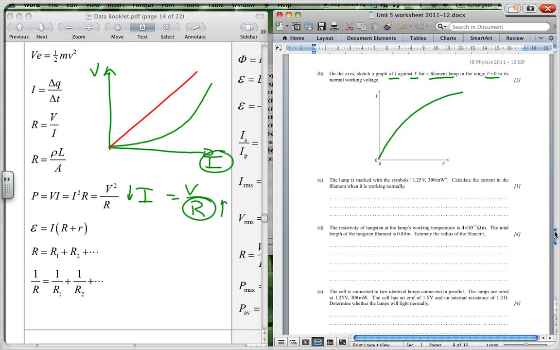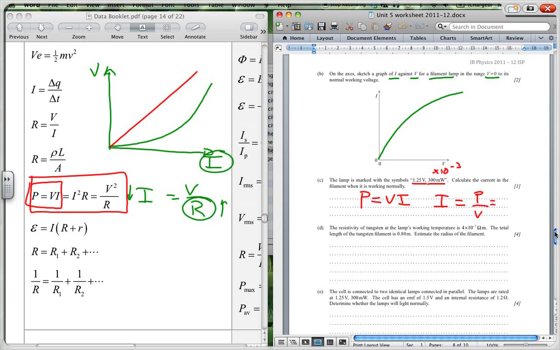Now it says the lamp is marked with symbols 1.25 volts and 300 mW. This m, remember, is milli, times 10 to the negative 3. Calculate the current in the filament when it is working normally. So here we are going to be using these formulas over here. We've got power is equal to V times I. So obviously I'm working out my current. So I is equal to the power divided by your voltage.